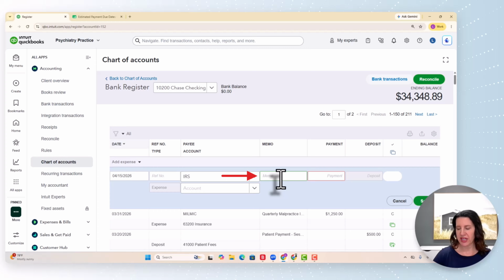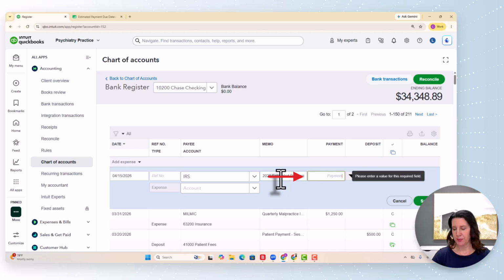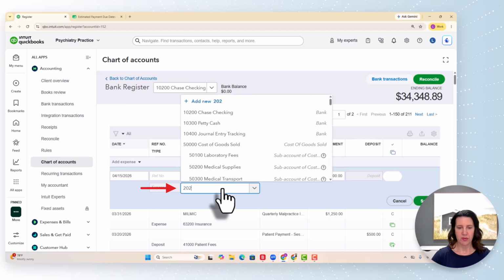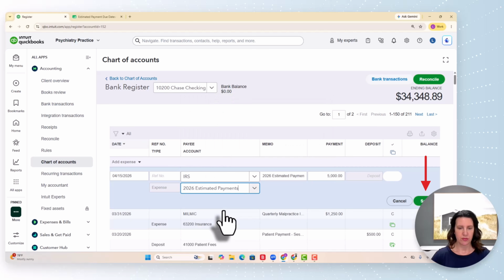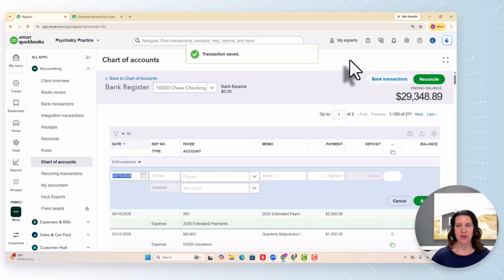You should notate as well which year, because you saw that the next one will be in January for the prior year. So we're saying payment number 1, and then the account will be the estimated payments account. I'm going to go ahead and post the other payments, and then I will show you how you would find it at the end.